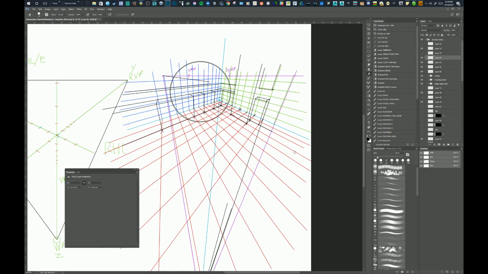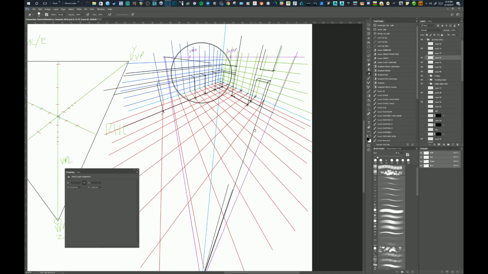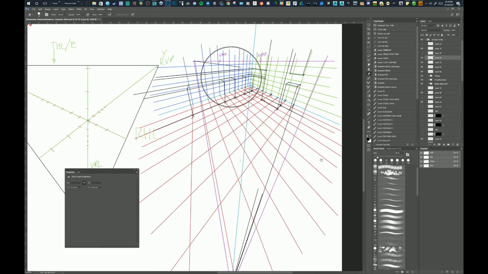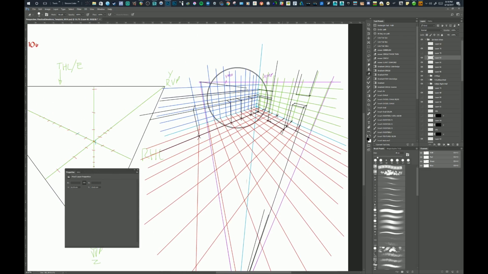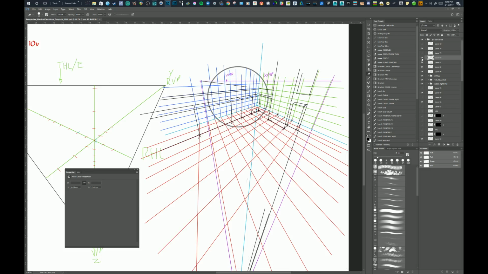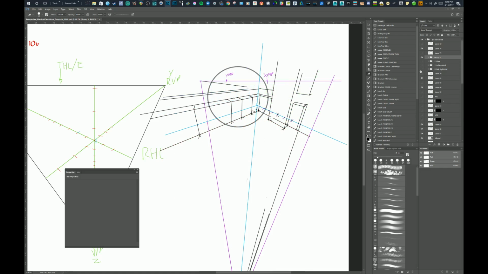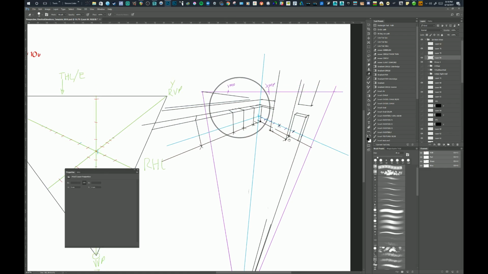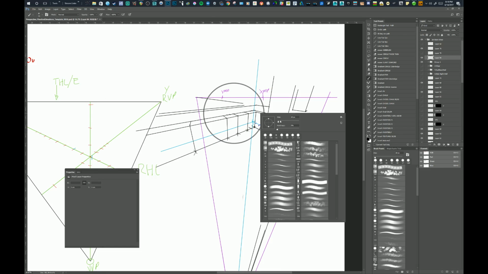All right. And then we'll just bring that corner up. And we'll just keep doing this until everything is plotted correctly and we get something that looks accurate. And then we frame it where we'll want it to be framed.